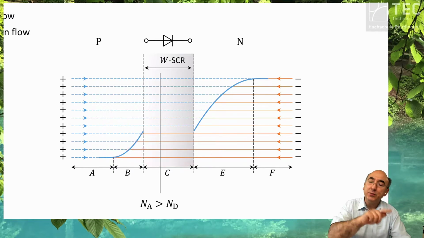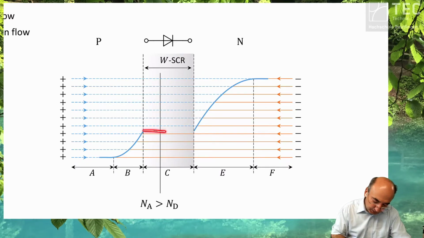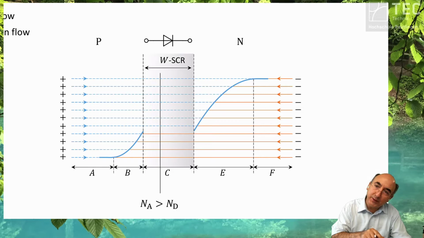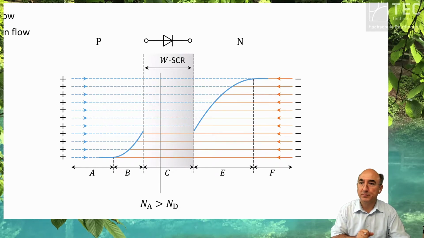What we assume in addition is that within the space charge region, no recombination takes place. We will learn a little bit later why this assumption is roughly valid.